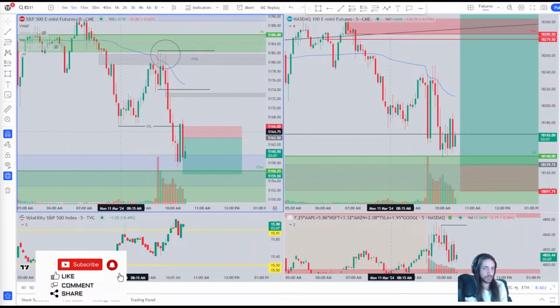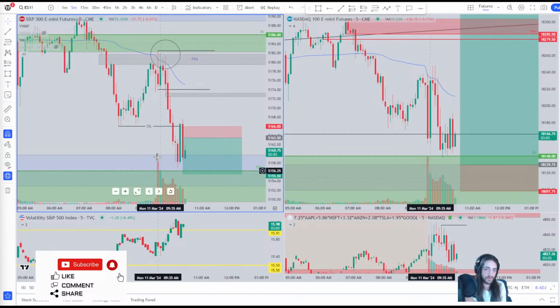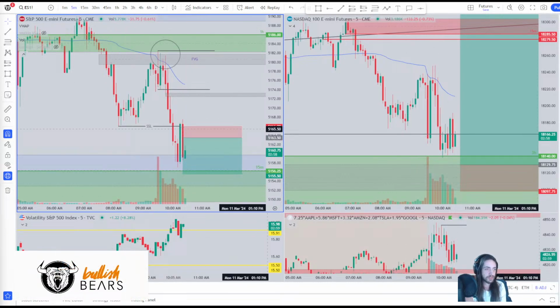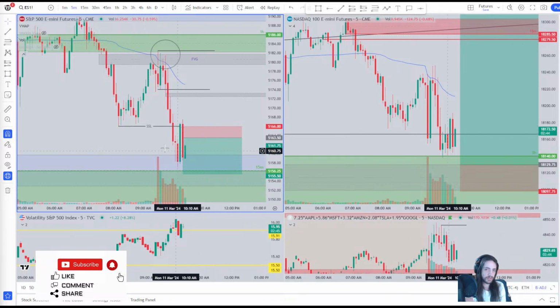Really staying patient because, again, buyers could step in. Buyers could hold us here. We're sort of finding a floor. Market is accepting price down here. Equities are looking strong. Yep, see that buyer just stepping right back up. We're at an area of interest on ES.